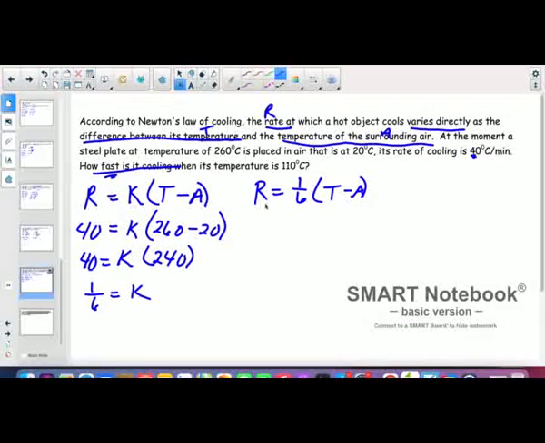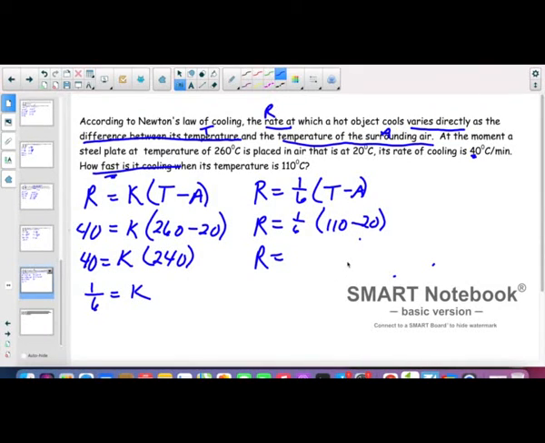So the rate that it is cooling when the temperature of the object is 110, I could plug that in as 1/6 times, this time the temperature of the object is 110, minus the surrounding air. Now it didn't say that the temperature of the air has changed, so that would still be 20 degrees Celsius. So to finish this problem off, we'll have rate equals 1/6 times 90, and 1/6 times 90 is 15.